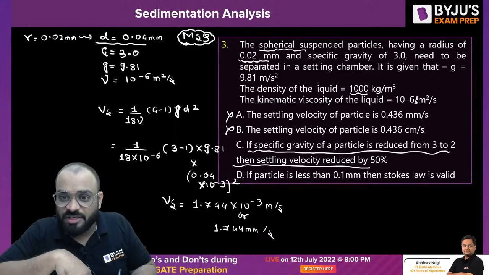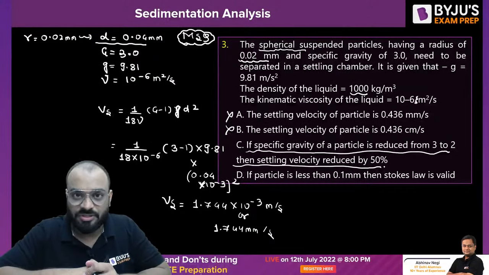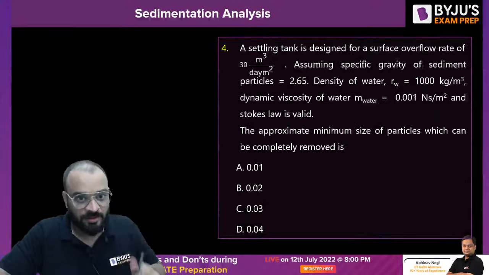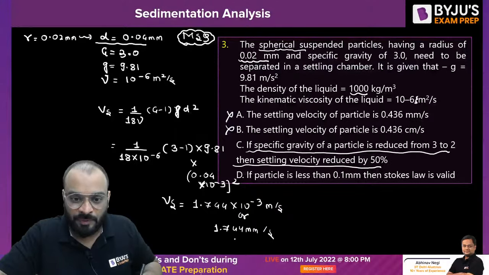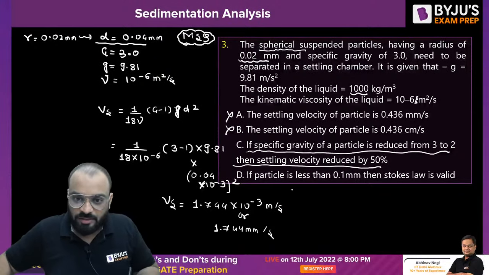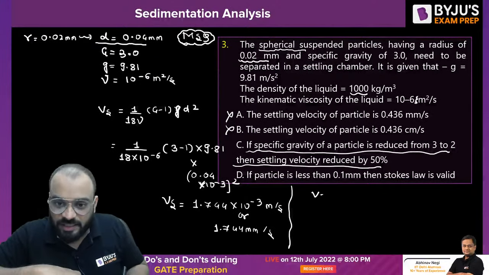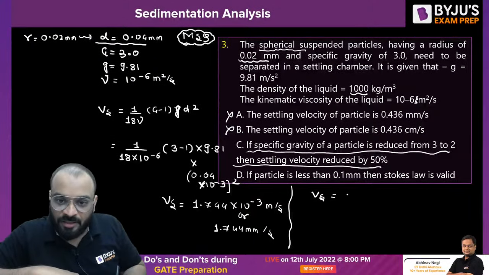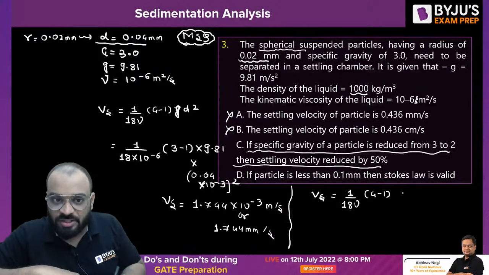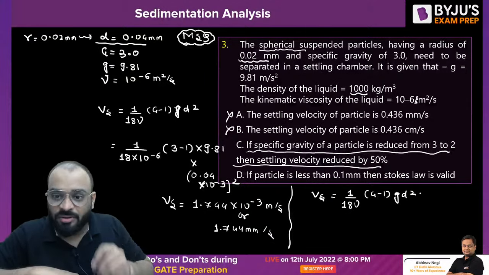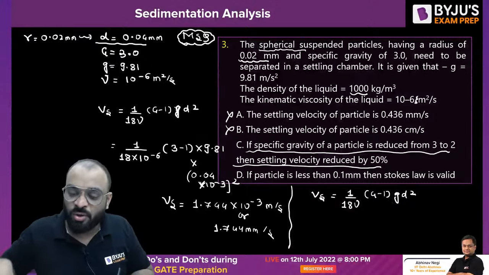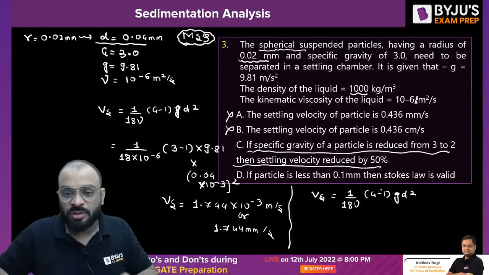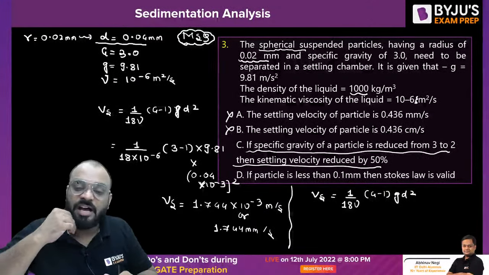Now tell me, guys, if the specific gravity of the particle is reduced from 3 to 2, then the settling velocity is reduced by 50% or not? That is the question. Let me write here. If you write 1 by 18 nu, bracket G minus 1 into g into d square, now if you reduce this particular value of G from 3 to 2, then the settling velocity of the particle is reduced by half or not?